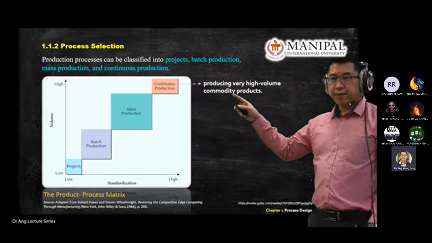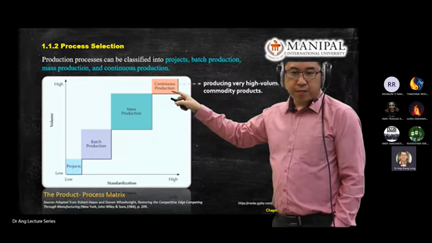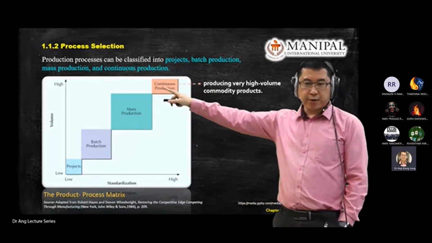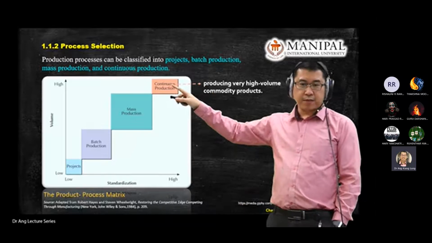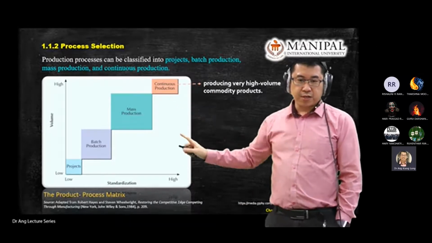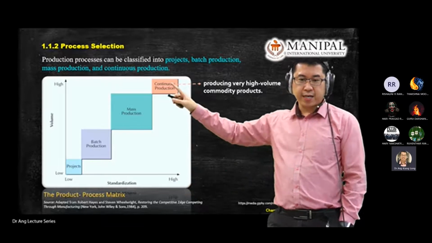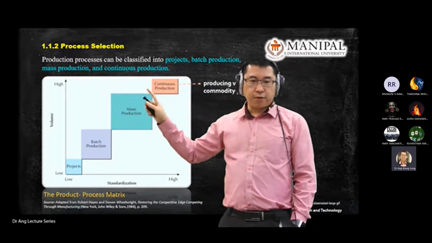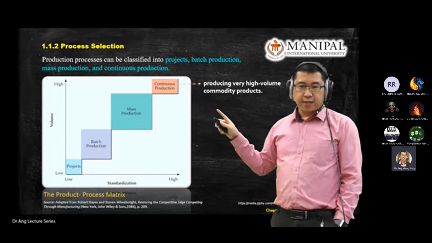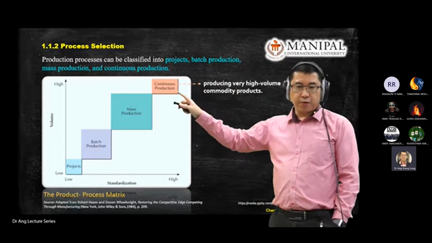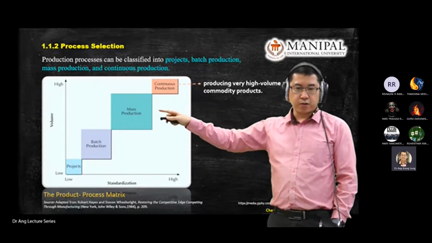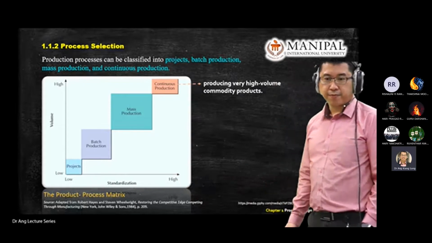The last one. Continuous production. Continuous production, the word tells you already, continuous means it doesn't stop. Why doesn't it stop? Because standardization is high and volume is super high. Continuous production has more volume than mass production and more standardization compared to the other three.